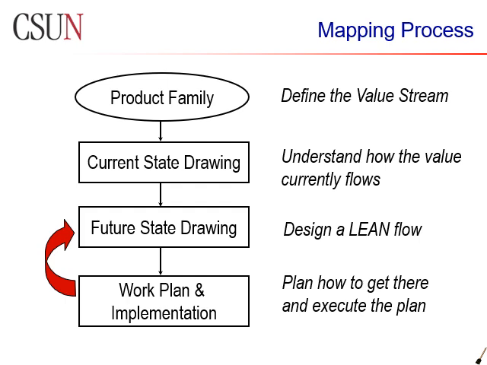For example, air conditioners. We can say that we have commercial and business sectors. And in the commercial, we can have split units and window units. These are called families. So we have product families now.